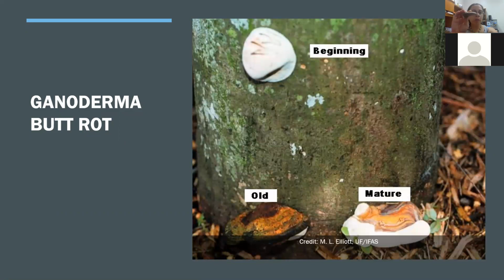This particular variety wasn't found on a palm. I wouldn't save that one just because I wouldn't want a chance of spreading it. This particular Ganoderma is one that would grow on woody trees when they were dead and rotting. But you can see here the similar pattern that you would want to look for. Basically, if you have anything growing off the side of your palm, it's not a good thing.